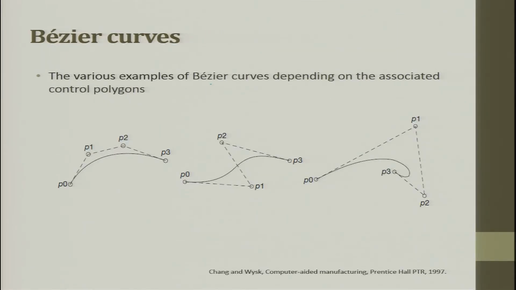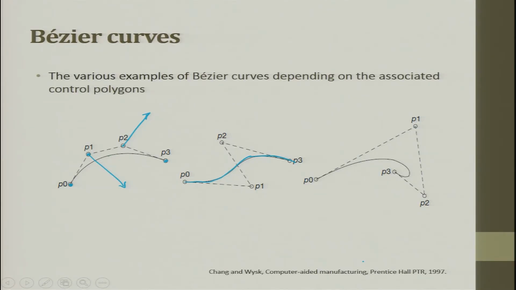Now, you see various examples of Bézier curve depending on the associated control polygon. So, you had a start point, you had an end point, then you had 2 points which we have defined, and then the curve moves along this path. So, suppose I define P0, P3, but change the location of P1 and P2, then I get a Bézier curve of this shape.